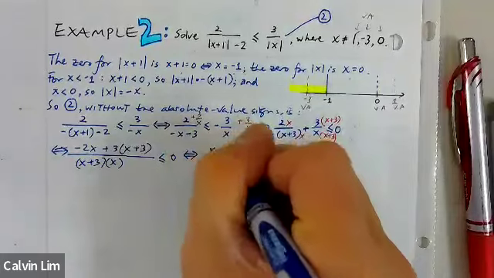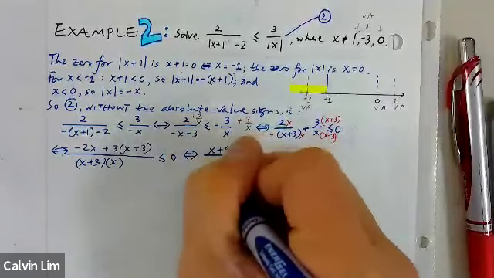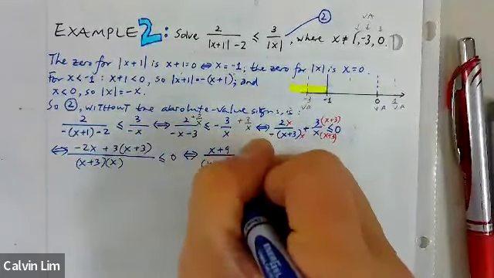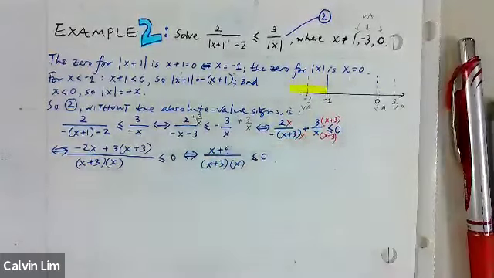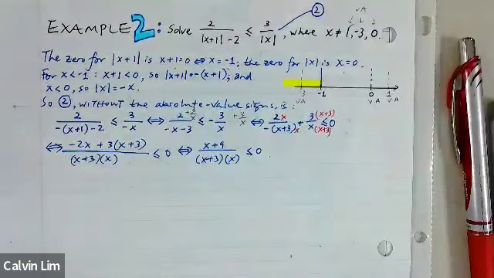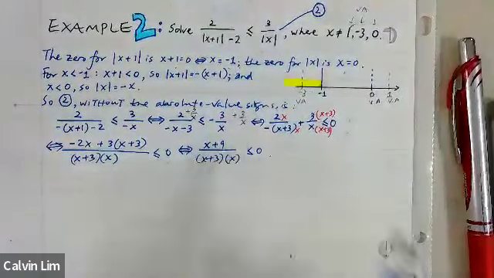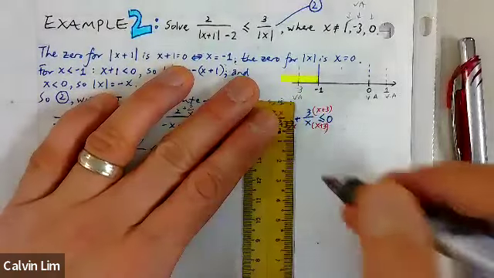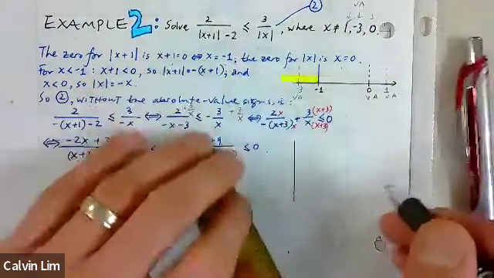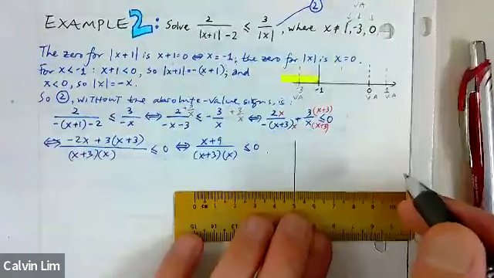Expanding and simplifying gives me (x plus 9) over (x plus 3)x is less than 0. Okay. So now, all you need is to use the number line or the chart method, right?